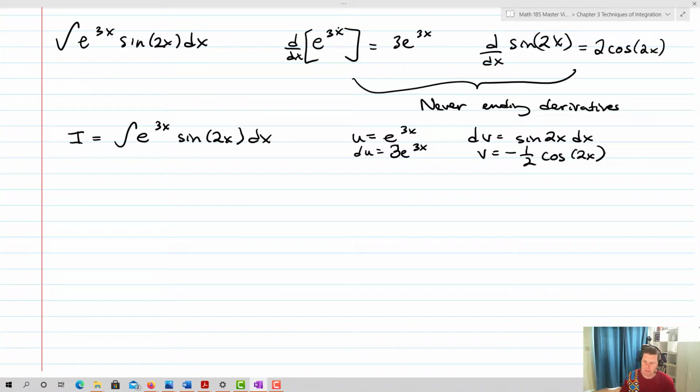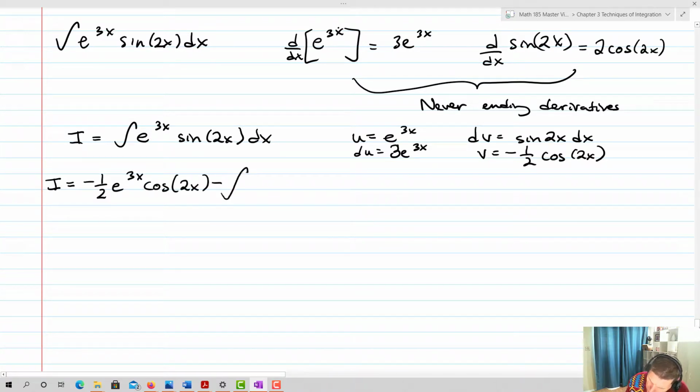Okay? So now what I have is I is going to equal uv, so that'll be negative 1 half e to the 3x cosine 2x minus, and now I have the integral of v du, so this is going to be minus the integral of negative 1 half times 3e to the 3x times cosine 2x dx.